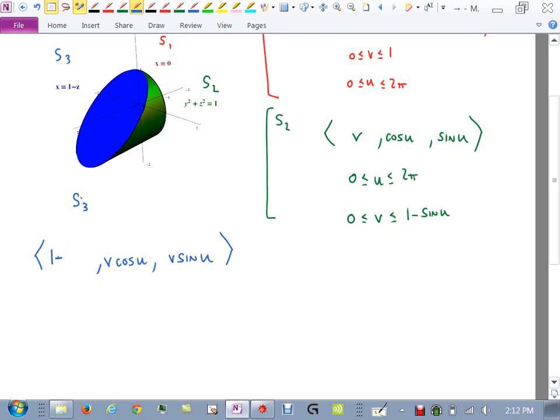What's z? V sine u. Do you see that I couldn't put this coordinate as a v by itself? I already exhausted both variables that I have control over right here. In the previous problem, I'd only use the u to draw the circle with the radius 1 on it, to get just the outside edge.